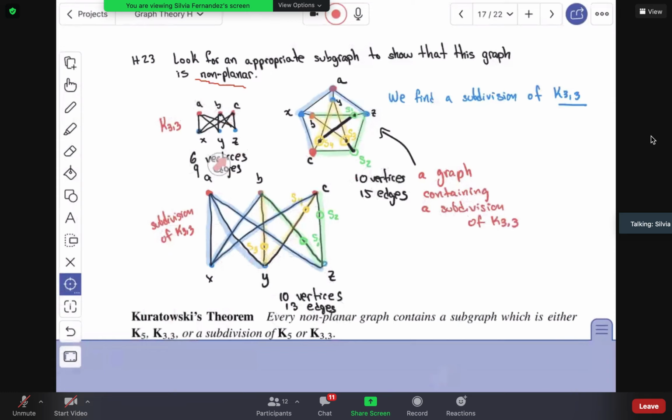No, if you start with K33, you say it's not planar because it's K33. We already know that K33 is not planar. So you wouldn't really start from K33. You can think of K33 as itself, K33. But when it is a subdivision of K33, I wouldn't ask you to find a subdivision of K33 in K33. Okay?